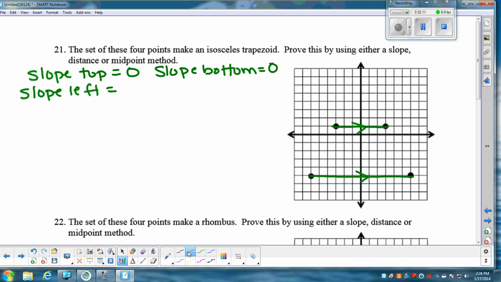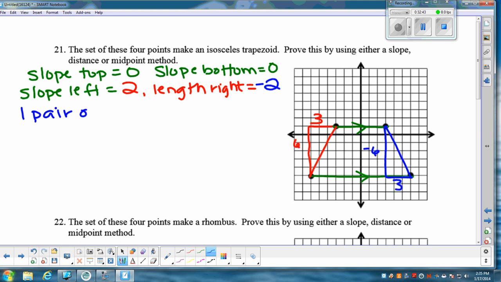Well, the left side, the slope of the red line is up 6 over 3, so we have a slope of +2. The right side, which is here in blue, is down 6 over 3, so we have a slope of -2, which means those two sides are not parallel. So then we have one pair of opposite sides parallel. So we know we at least have our trapezoid.